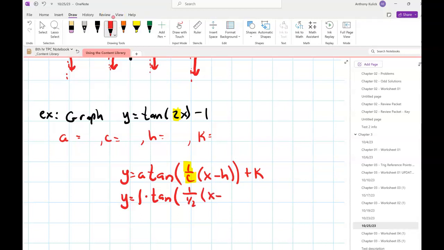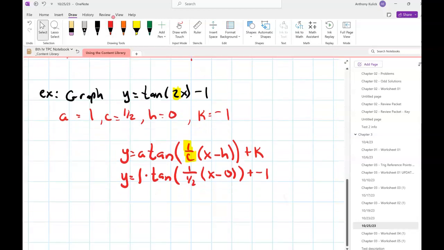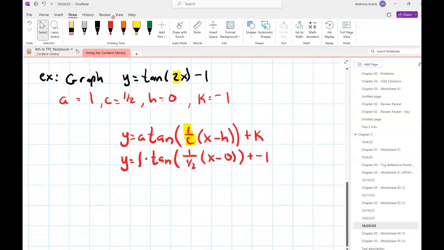My H should be 0, and my K should be negative 1. Everybody feel good doing that? Again, that's a skill we've practiced a bunch of times by now.